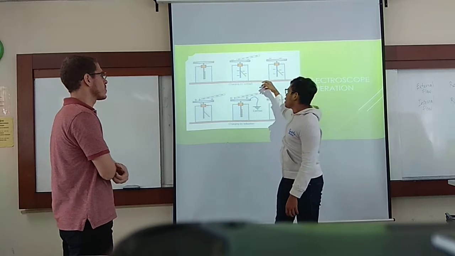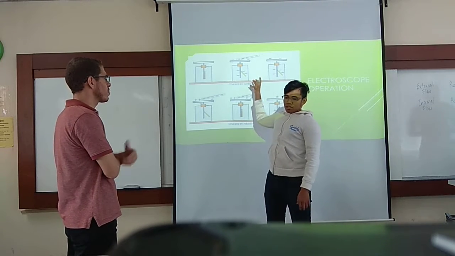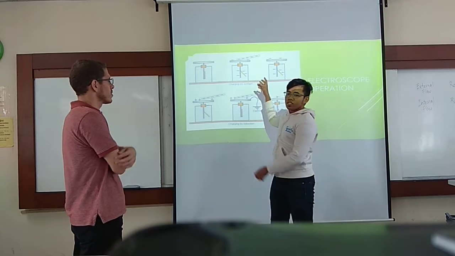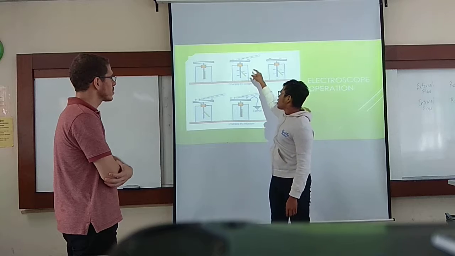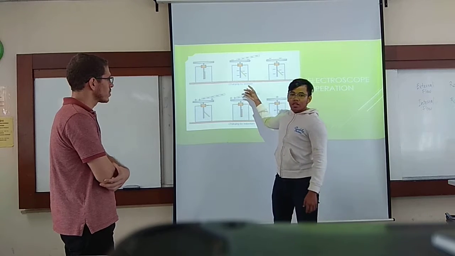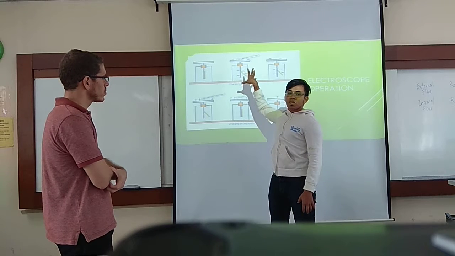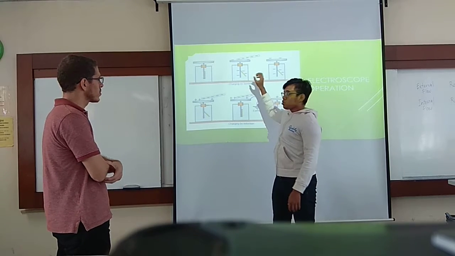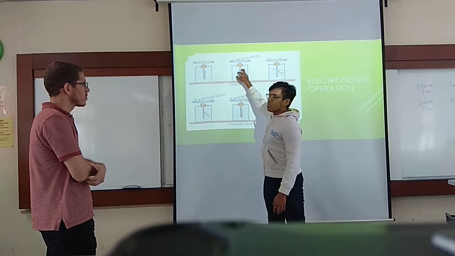Then when a charge is introduced to the electroscope by contact, the charge will be transmitted to the inside of the electroscope, where all the equipment inside becomes negatively charged.